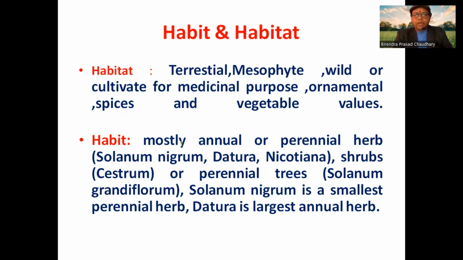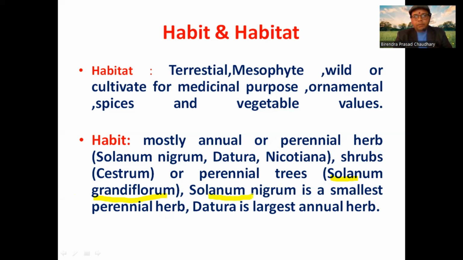Habit: mostly annual or perennial. Herbs like Solanum nigrum, Datura, Nicotiana; shrubs like Cestrum; perennial trees like Solanum grandiflorum. Solanum grandiflorum is found in the form of a tree.